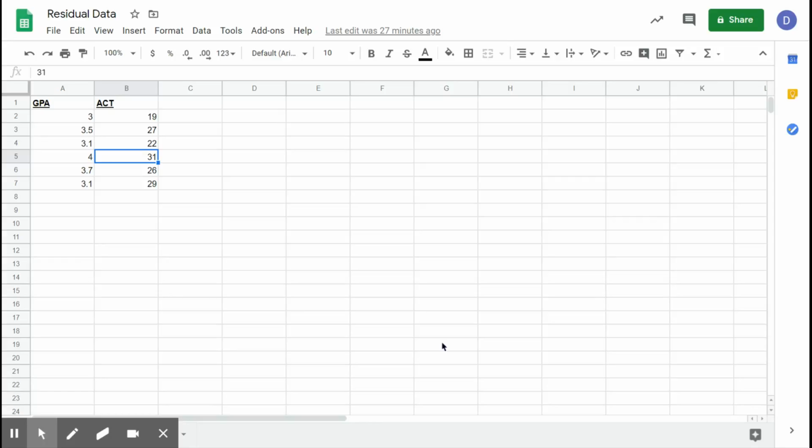All right, so I'm going to throw my equation in here, and I already forgot it. So 7.75x minus 0.68.